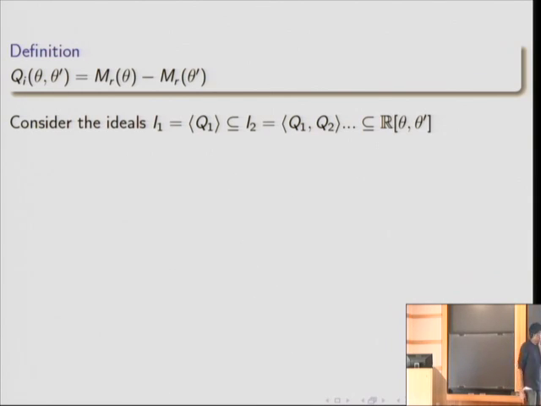in the natural way. We have the first ideal, which is generated by the polynomial q1. So you take q1 and you apply all the properties of ideals. You're allowing multiplying by other polynomials and adding two elements and so on in the ideal. And then that ideal is certainly contained in the second ideal, the one generated by q1 and q2, and so on.